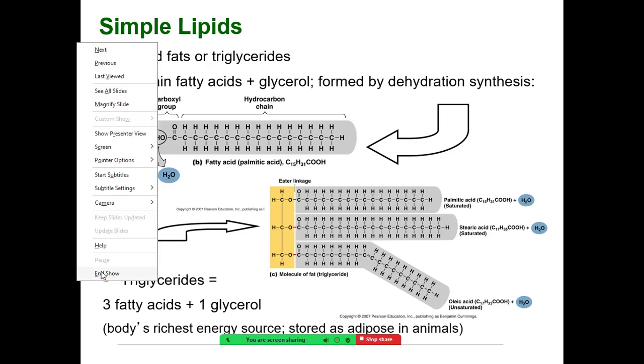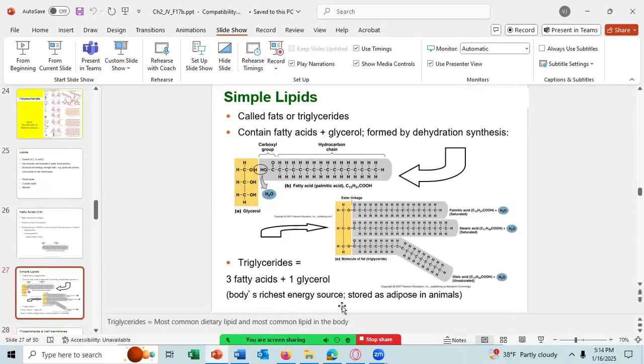Let me see if there's anything else. Triglycerides are the most common dietary lipid in our diet. It's the most common fat in our body, most common lipid in the body. And to see some triglycerides, just look at your belly. You've got lots of triglycerides there.